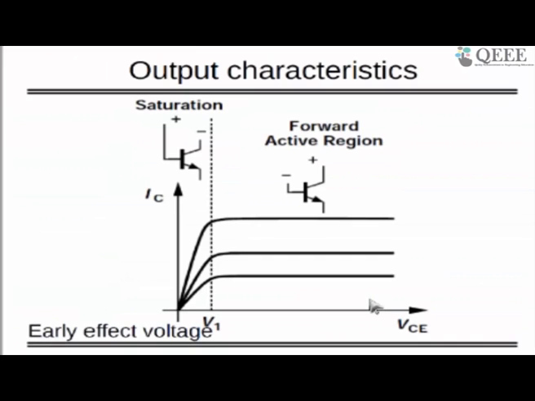bias. Then if I am putting some plus here and relatively this is negative, then there is a PN junction which is in forward bias. If the P side is relatively positive and this side is negative, this is again forward bias, and we are going to declare that region as saturation.